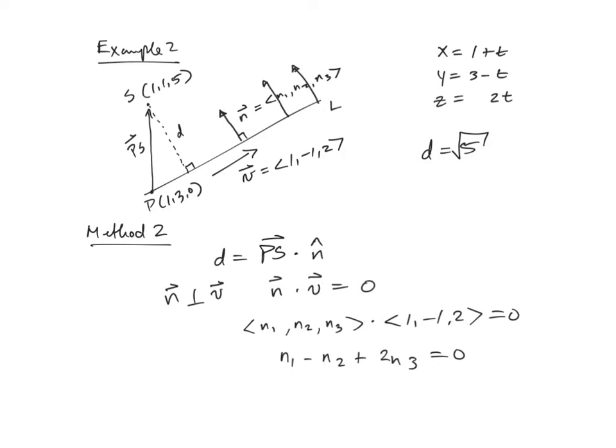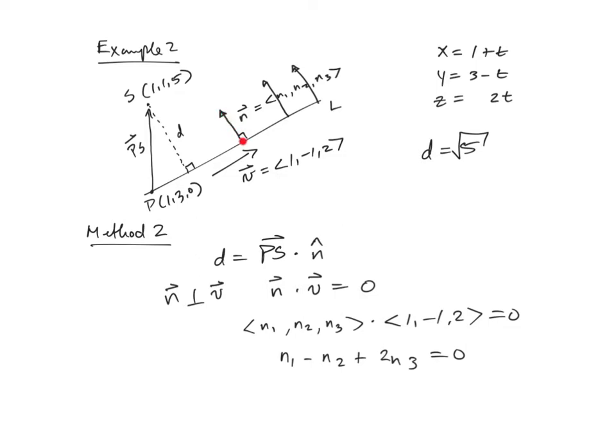So PS cross v is a vector that goes into the screen at this point. That vector is perpendicular to the n that I'm looking for.